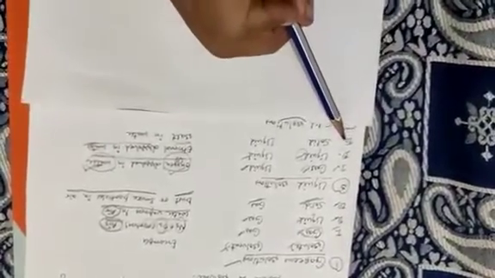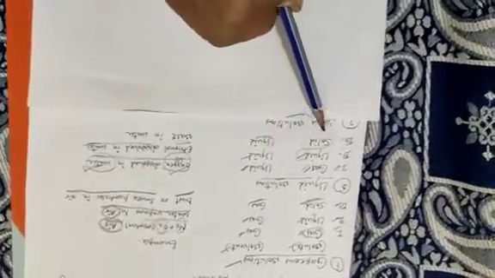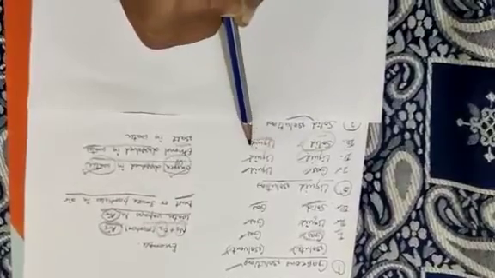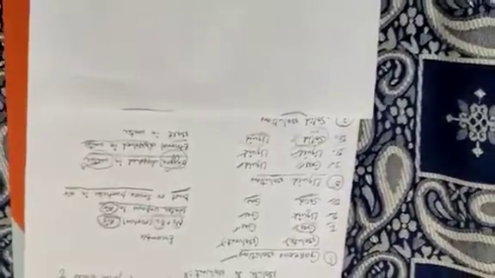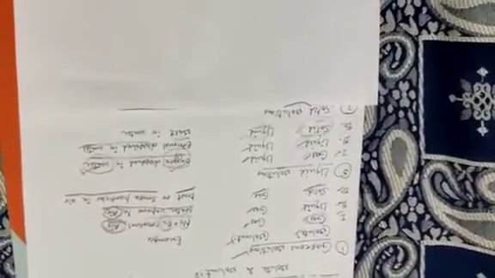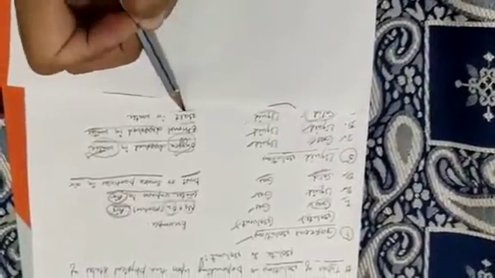The third one is solid in liquid, in which the solute is in solid state and the solvent is in liquid state. The best example is when we dissolve salt in water. The solution which is prepared is a liquid solution in which the solute is in solid state, meaning salt is in solid state, but water is in liquid state.